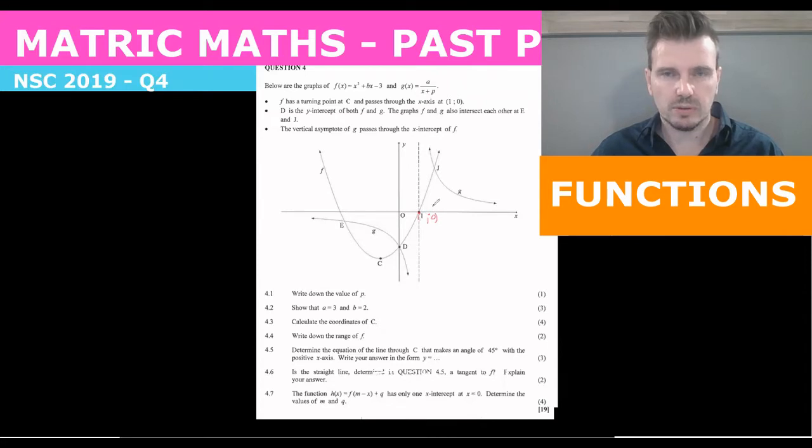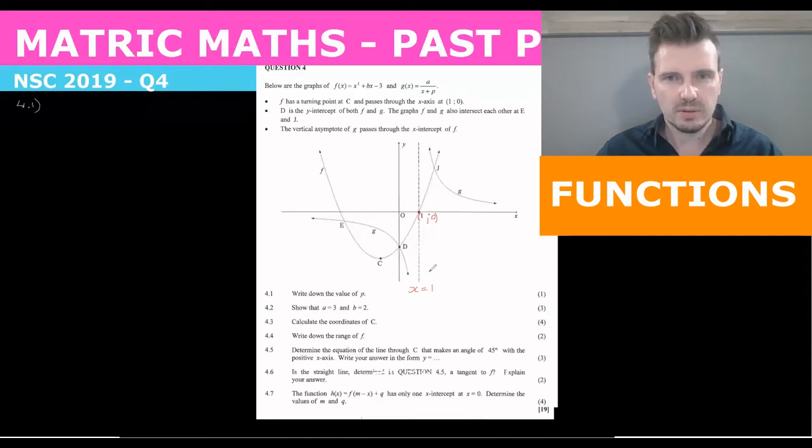And we are also told that that is the asymptote of the hyperbola. So we know that the hyperbola has an asymptote of x equals 1. Okay, so the first question is write down the value of p.